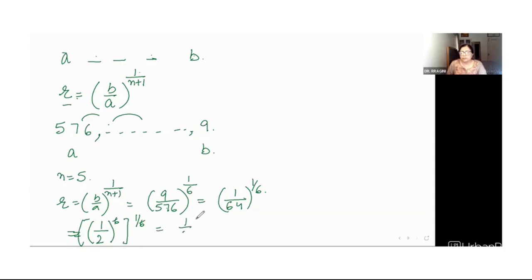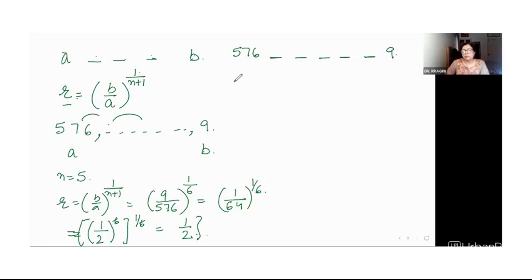So this is the value of R. 576, then 1, 2, 3, 4, 5 numbers, and finally we have 9.